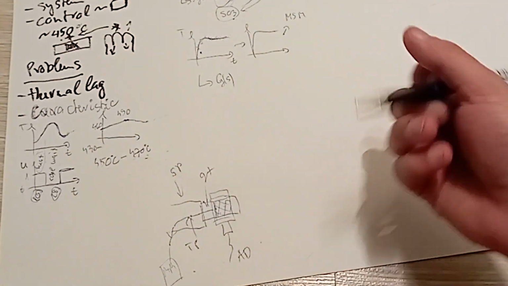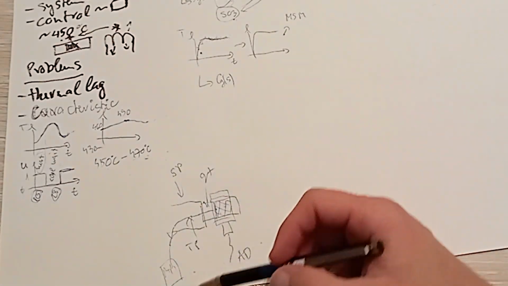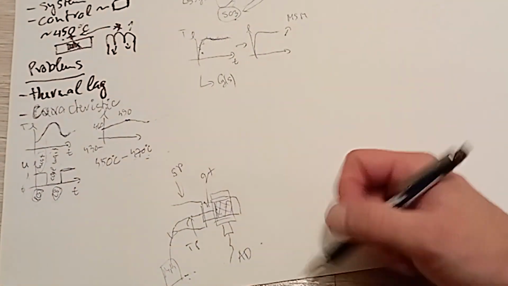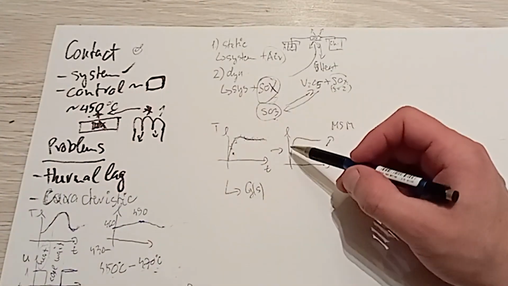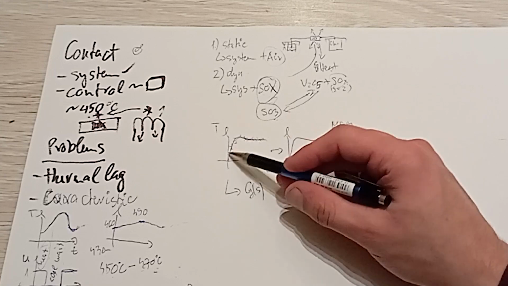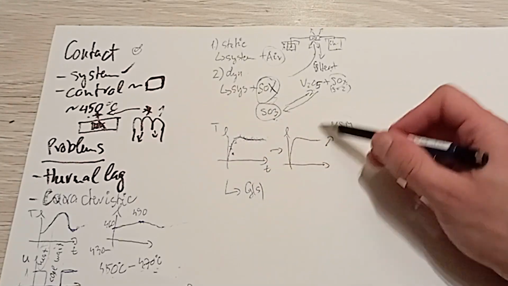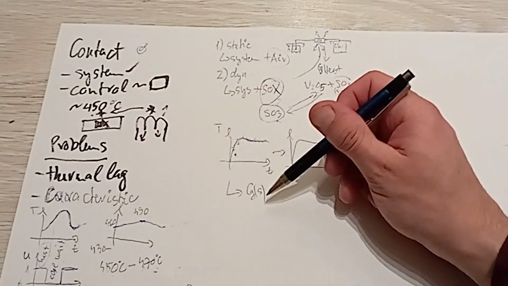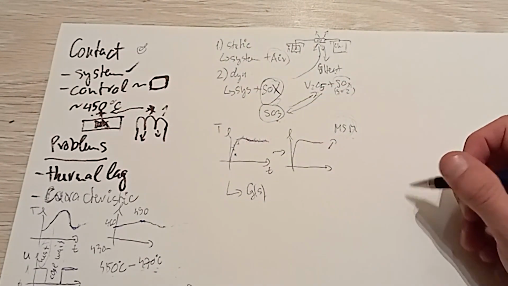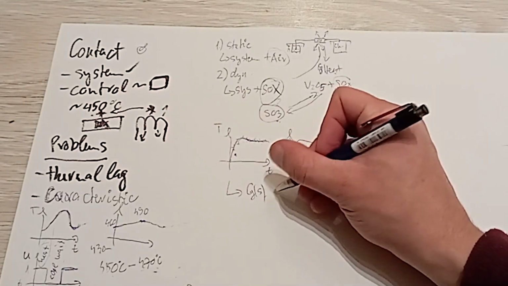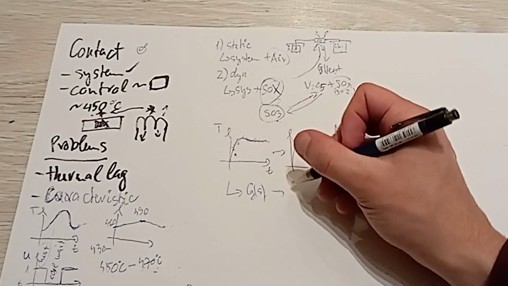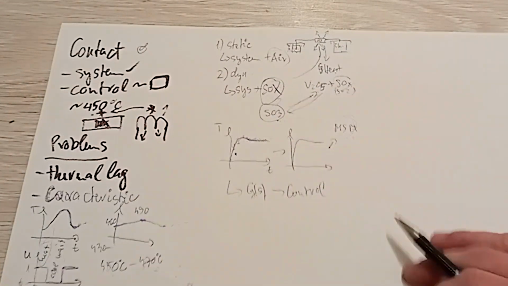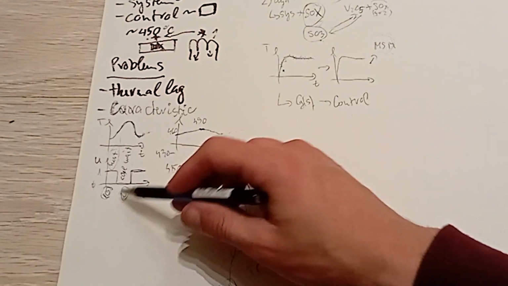I measured the time with my phone or something like that, and I log the internal temperature on a piece of paper, and I have plotted these internal temperatures and created the mathematical system model. I have created a transfer function with MATLAB, and then with this I can create a kind of control system, a control that can adjust itself and can vary these waiting times and the heating times.